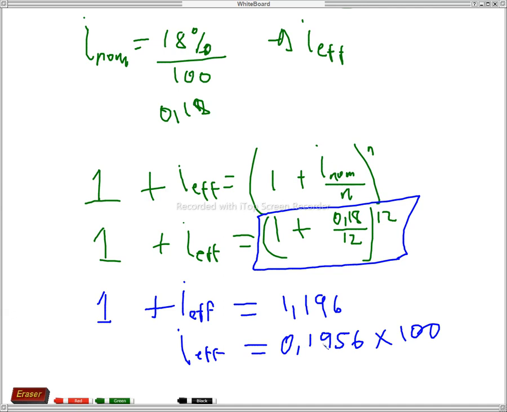I should get a Casio that supports this system here, the Windows system. Because in finance, you must go with your answer. You must not see yourself canceling your answers, you understand. So the percentage here is 19.56.